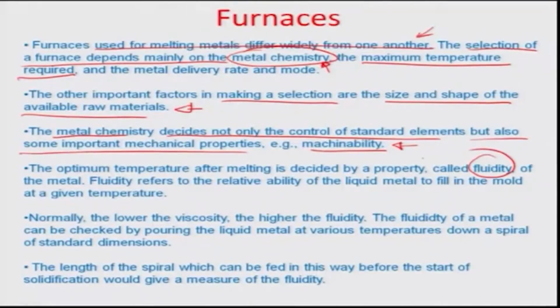Fluidity can be referred to as the relative ability of the liquid metal to fill in the mold at a given temperature, and normally if the viscosity of the liquid metal is lower, then the fluidity is higher, and vice versa. If it is a thick metal liquid, it moves slowly; if it is a thinner metal liquid, where the viscosity falls because of temperature, the thinner would obviously move faster.